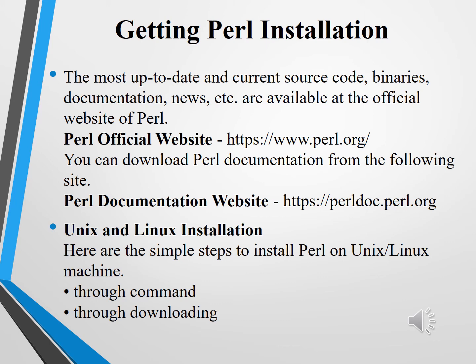On Unix installation, here are the simple steps to install Perl on a Unix or Linux machine, through a command. The command is sudo apt-get install perl. You should only use a single command to install Perl.